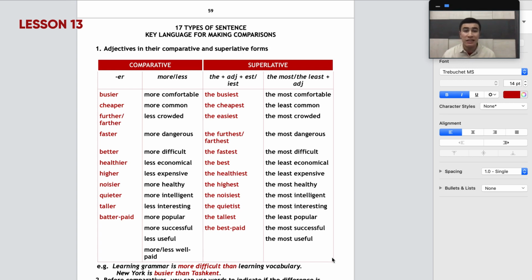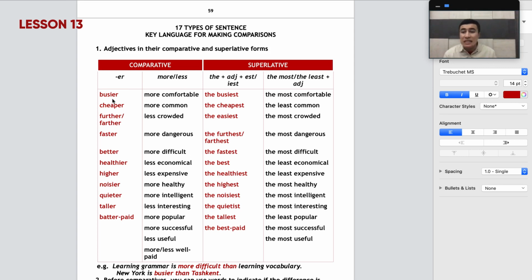You should remember that adjectives are widely used in comparative reports. Now you should understand that the comparative form of an adjective can be formed by using -er or more or less.